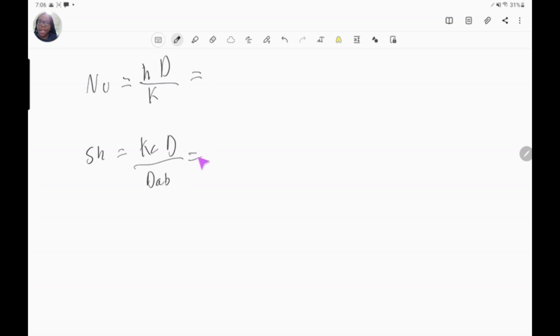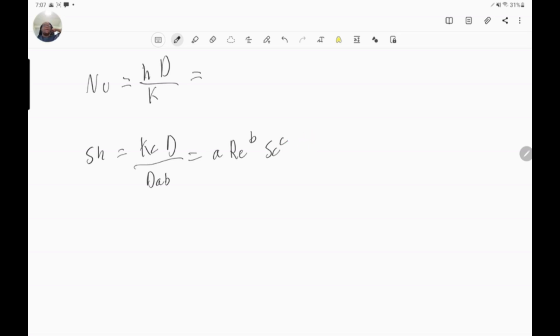As we found in our previous exam, our Sherwood number is also equal to A times our Reynolds number to the B power times our Schmidt number to the C power.